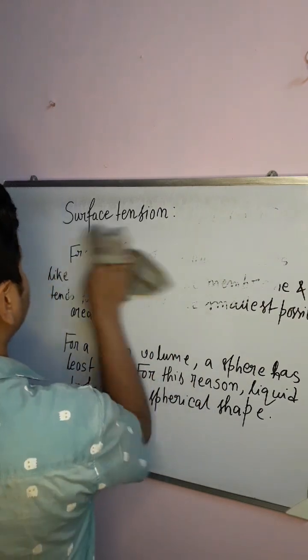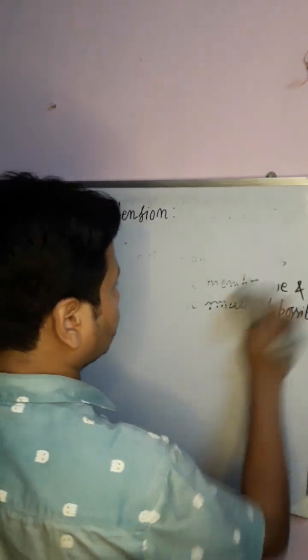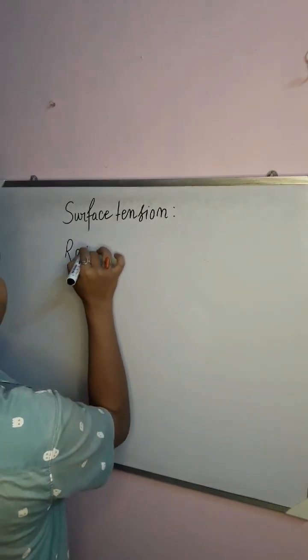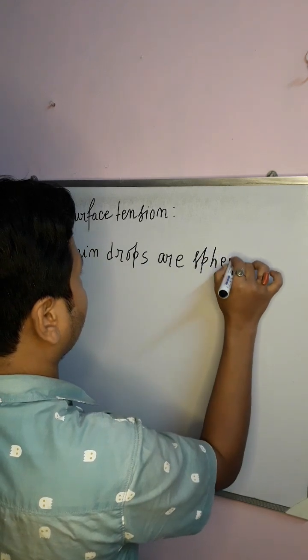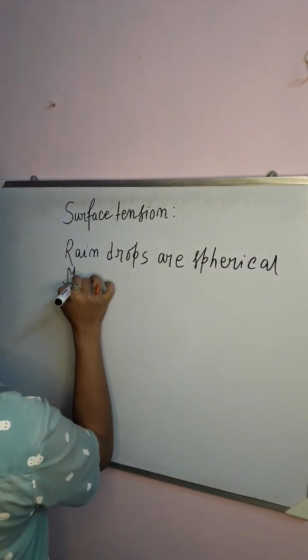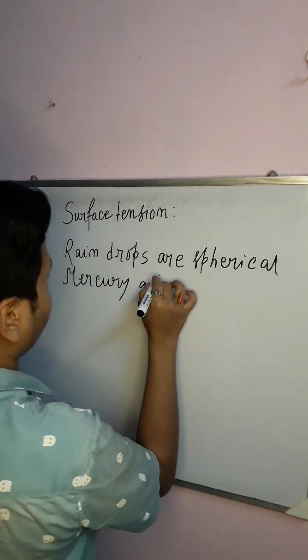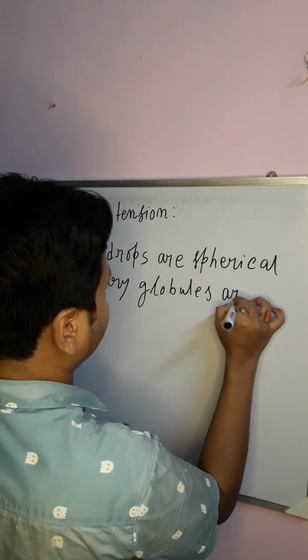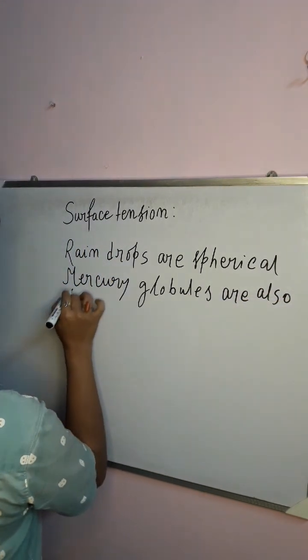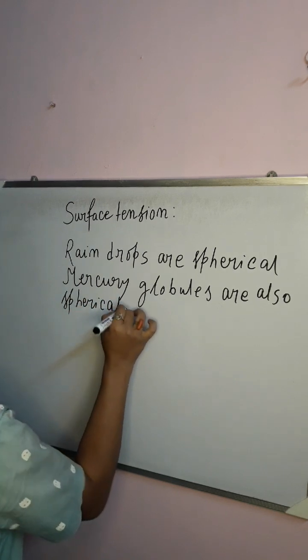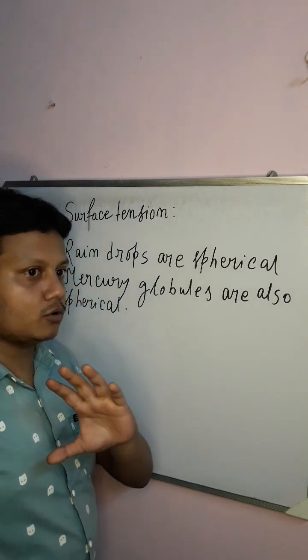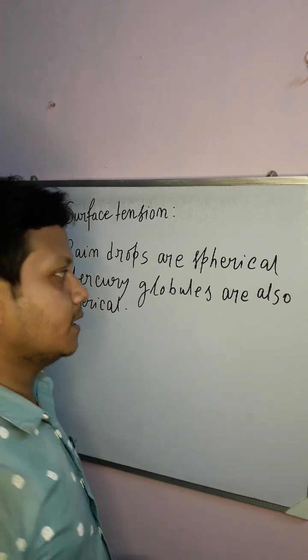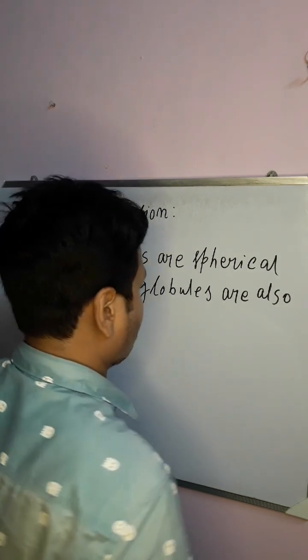So this is the reason for which the raindrops and mercury globules are spherical. Okay, fine.